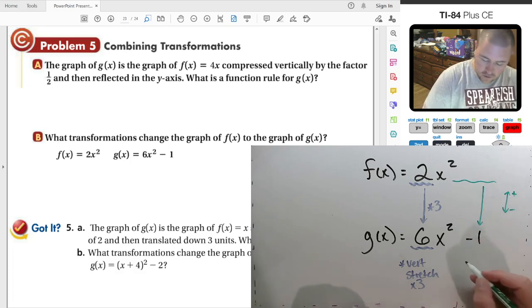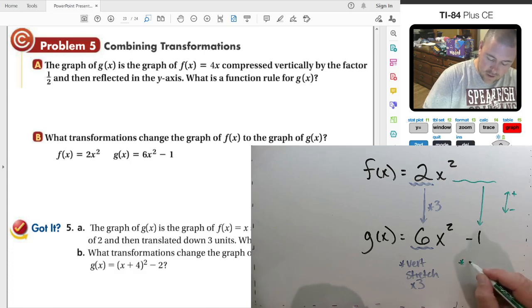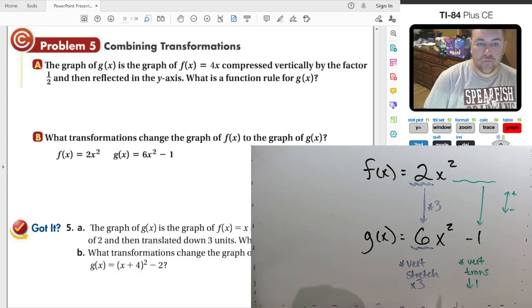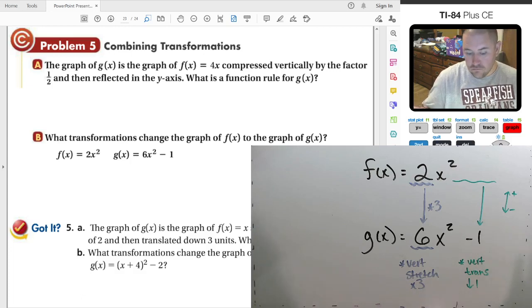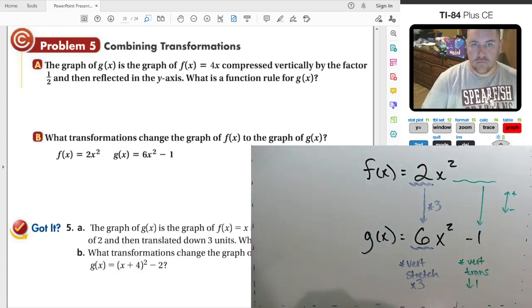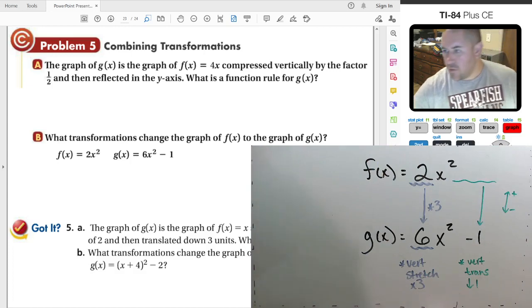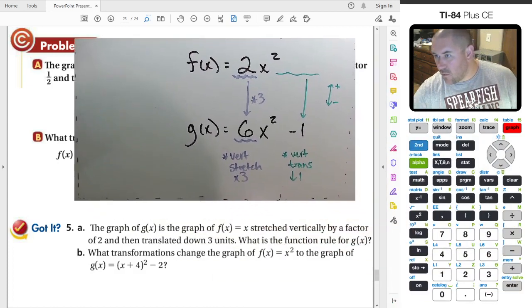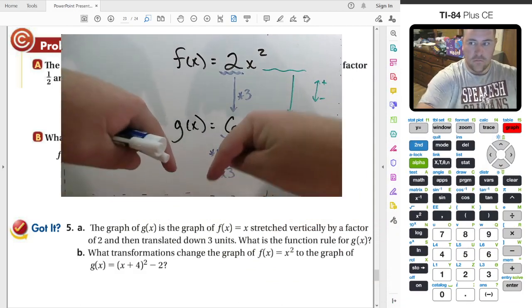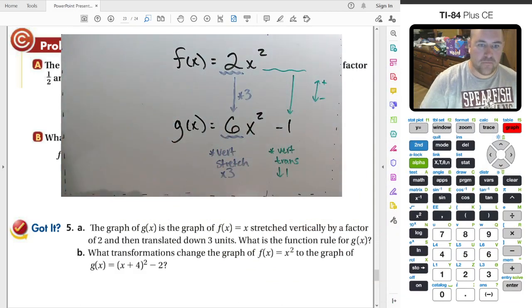Since it's a -1, I'll say that this had a vertical translation down 1 unit. There you go. Okay, you find out, how did I change this into this? So I'll move this out of the way and say, do the same thing down there, okay?